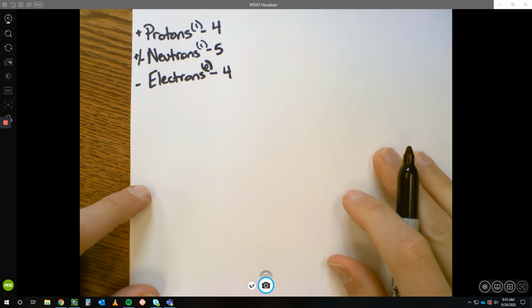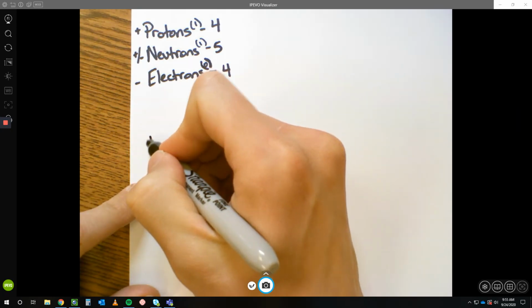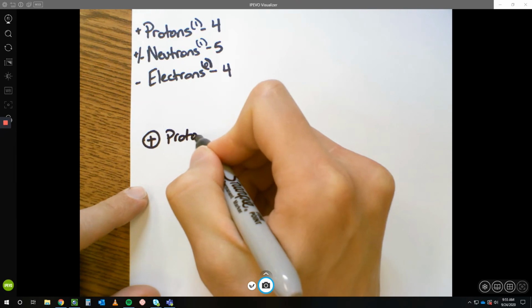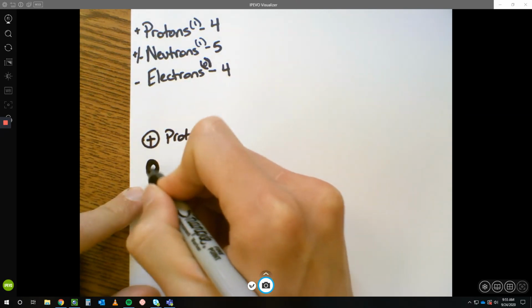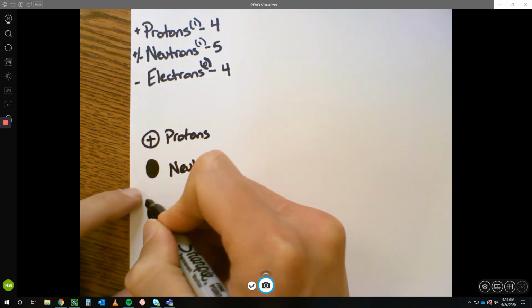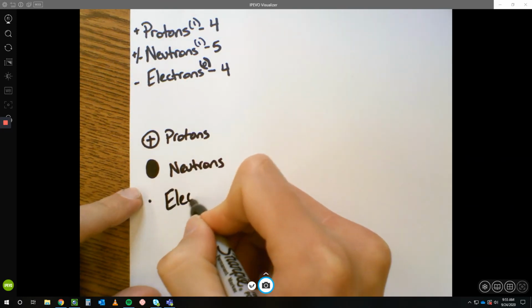Now, I'm going to draw this. I am going to use a circle with a plus in it for protons, a filled-in circle for neutrons, and a dot for electrons.